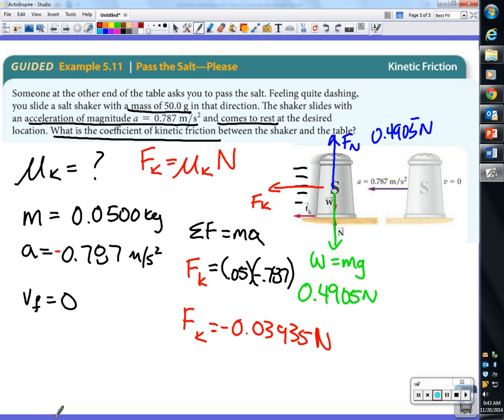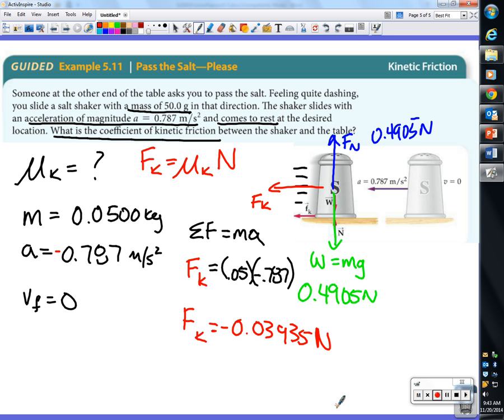Okay? So increasing the coefficient of friction doesn't necessarily do anything to the object itself, but it will increase the frictional force because of the change in the surface.